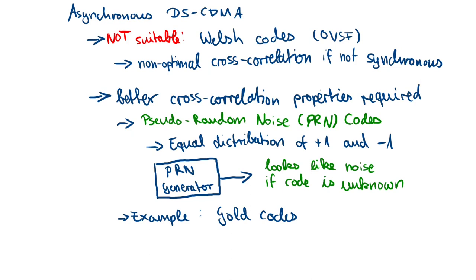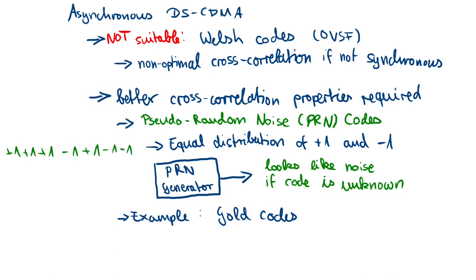And these codes are pseudo-random noise codes. So these codes are quite long, and they really look like noise. And noise means that they have an almost random distribution and equal distribution of zeros and ones. So it's, for example, +1, +1, +1, 0, -1, +1, -1, and so on.